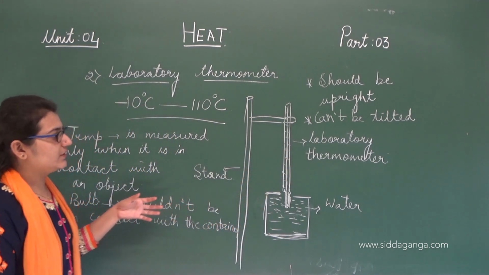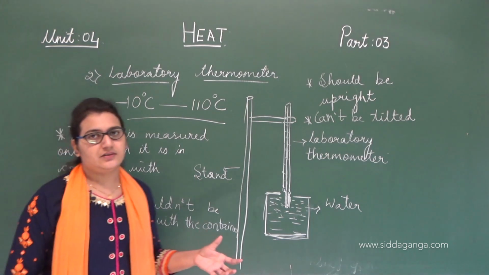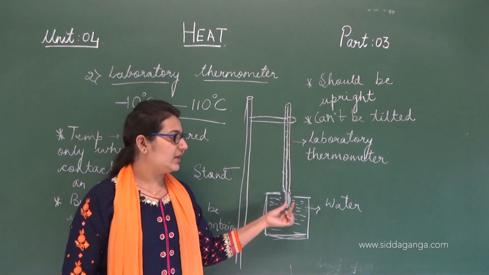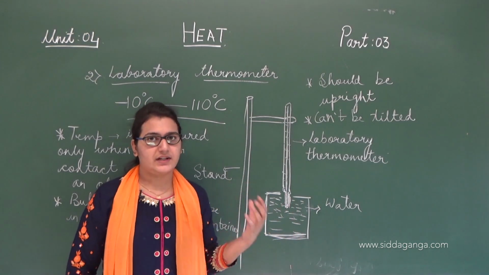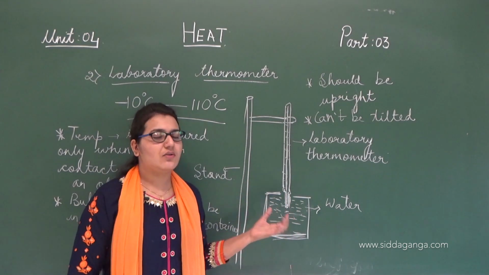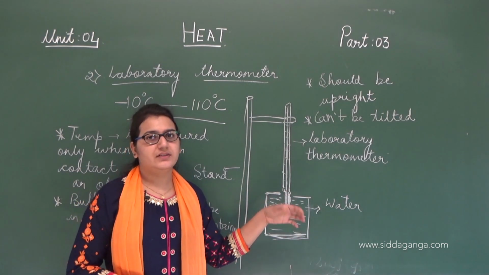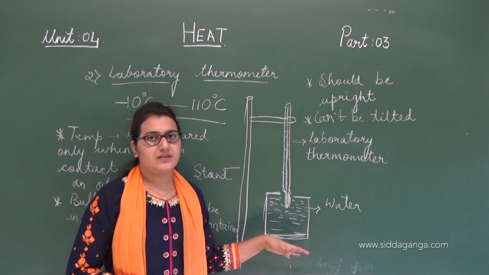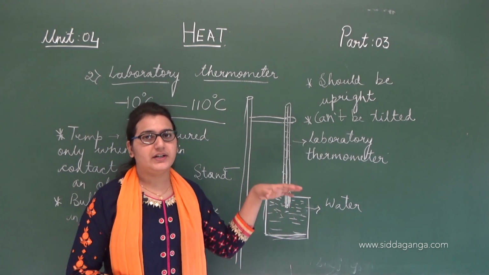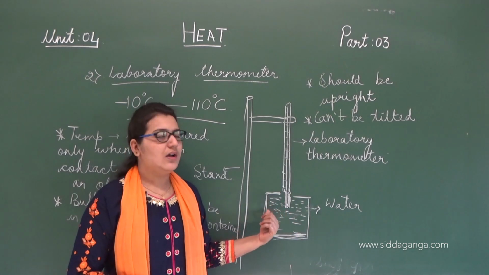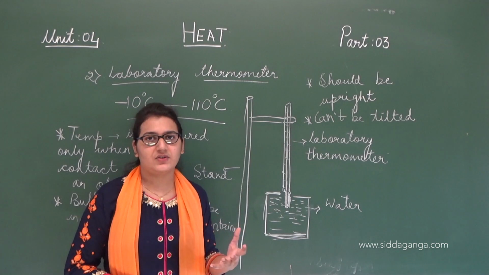So this is how the temperature is read, and the bulb shouldn't be in contact with the container. If it is in contact with the container, the container also has some temperature, so we cannot detect the correct temperature if the bulb is in contact with the container or any side of it. The bulb has to be surrounded by the liquid or whatever object we are measuring the temperature of.